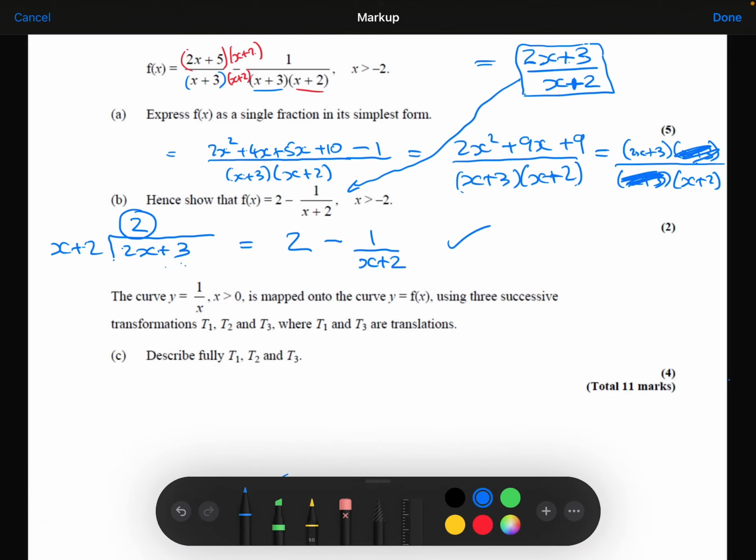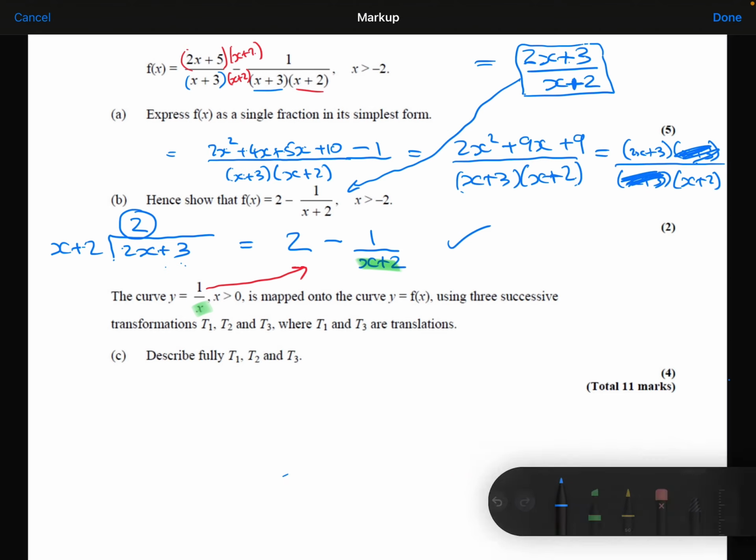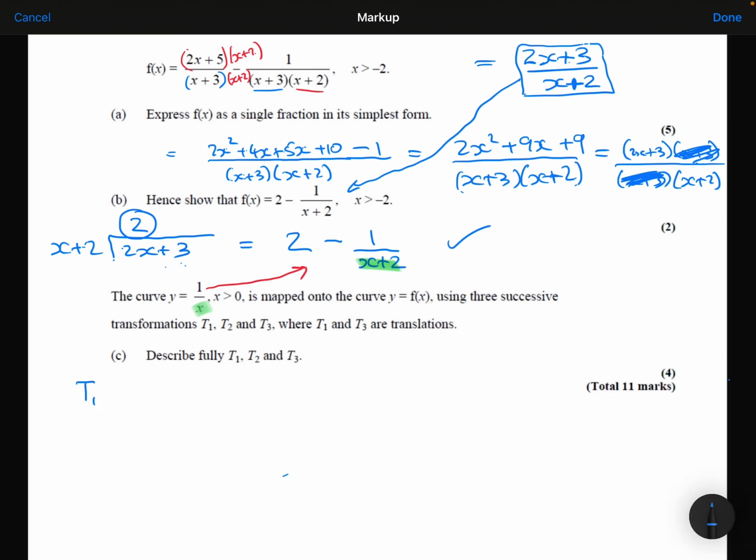So what this is saying is, how does this become this with different transformations? So first thing, the x on the denominator has had 2 added to it. So T1 is like saying f of x plus 2.